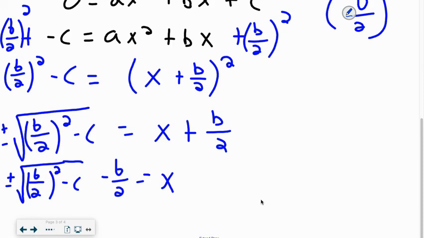Completing the square also is good to get it into vertex form, if we manipulate at this point, bringing everything back to one side.